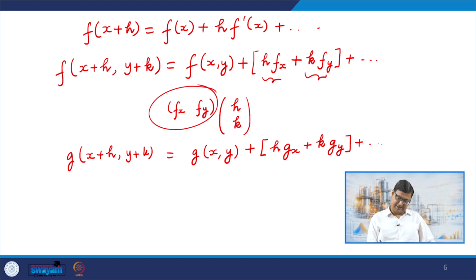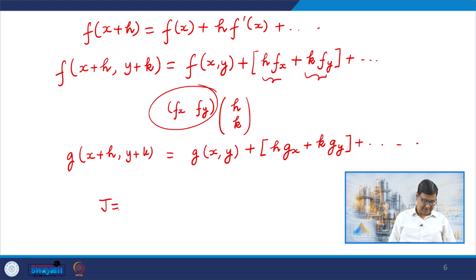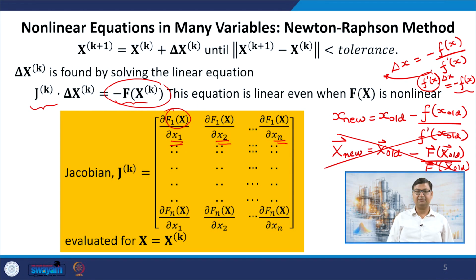And now you can see I can use the idea of the Jacobian, right? What is going to be my Jacobian in this case? The Jacobian is going to be something like this. My first function is now f and the second function is now g, and my first unknown is now x and the second unknown is now y.